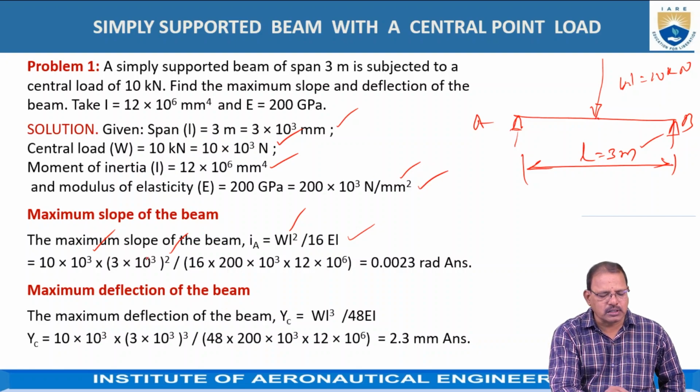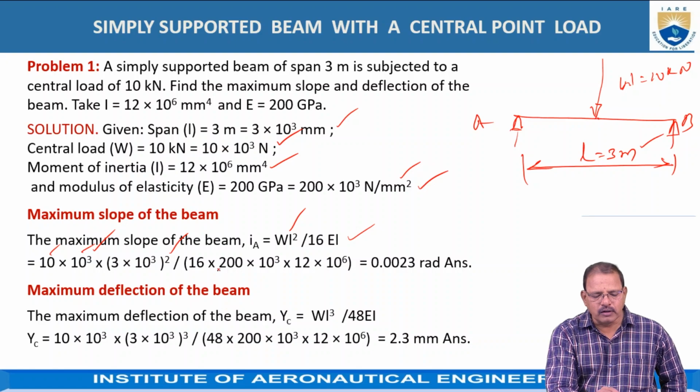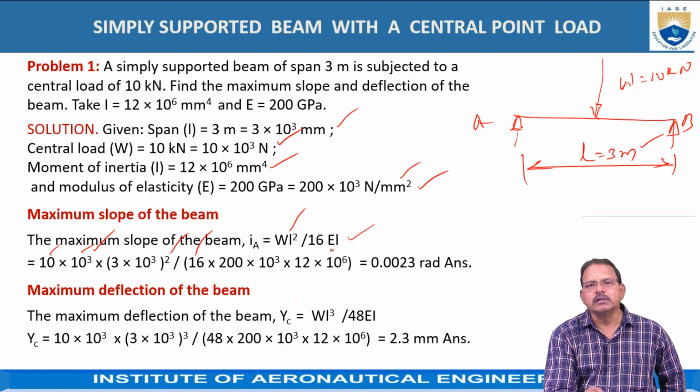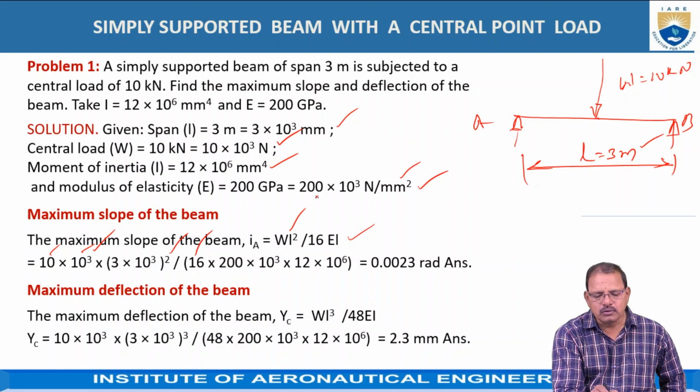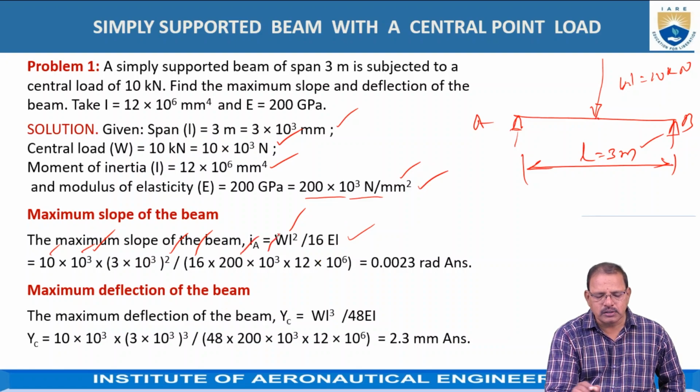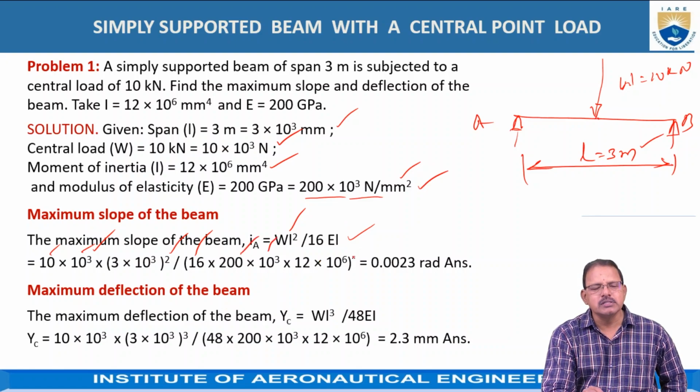W is the load given, 10 kilonewtons, 10 into 10 to the power of 3, divided by 16. E is equal to Young's modulus, which is equal to 200 into 10 to the power of 3 Newton per mm square. So these values we have taken here, and I is equal to the area moment of inertia, which is equal to 12 into 10 to the power of 6 mm to the power of 4.